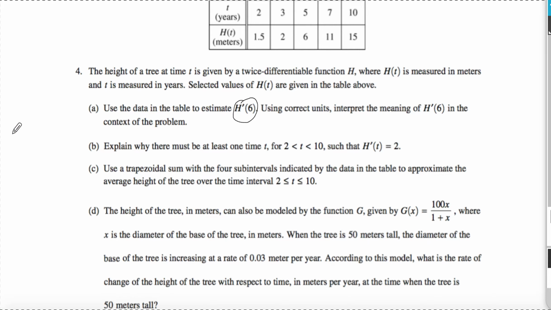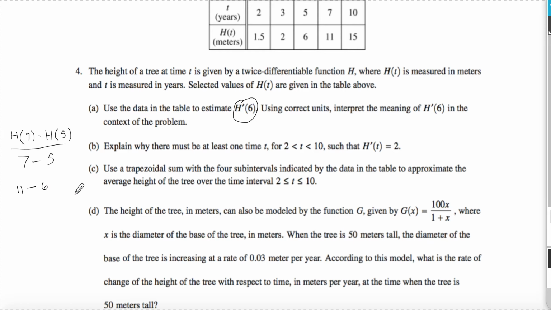So we can say then that we can do h of 7 minus h of 5 over 7 minus 5, which will give us h of 7 is 11 minus h of 5 is 6. So 11 and 6, sorry.